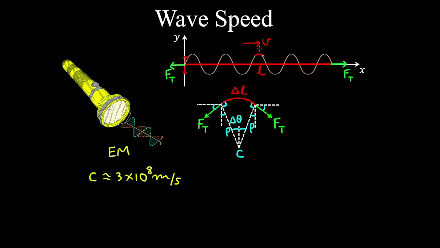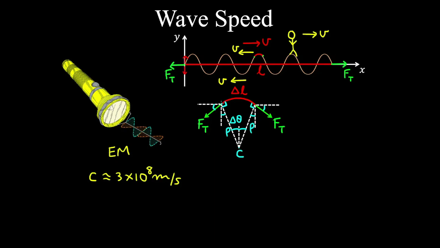Now if we suppose we're moving along with the wave, so for example, we're standing on this wave and moving along with it, therefore this element of the string is going to appear to be moving to the left at the same speed as the wave.